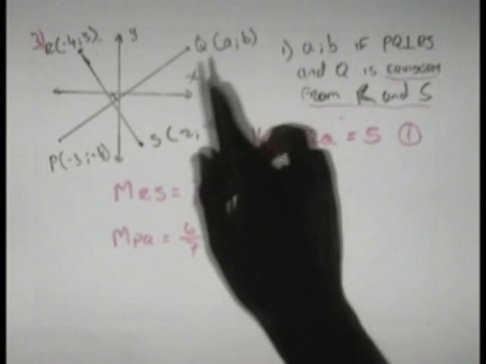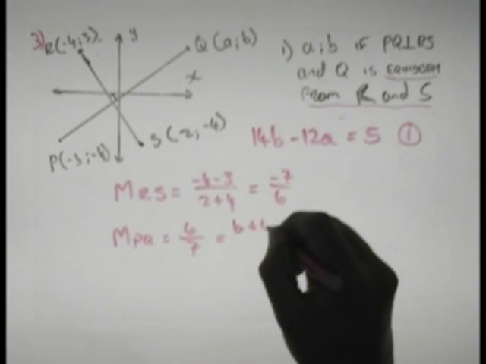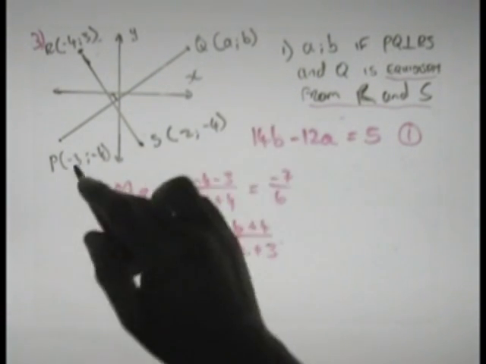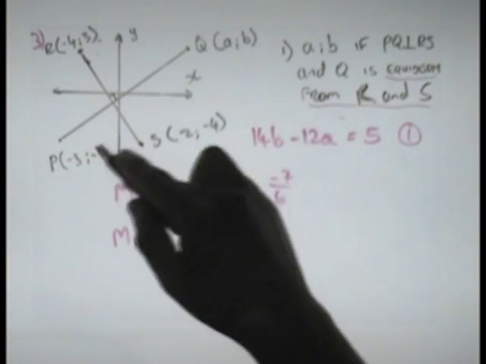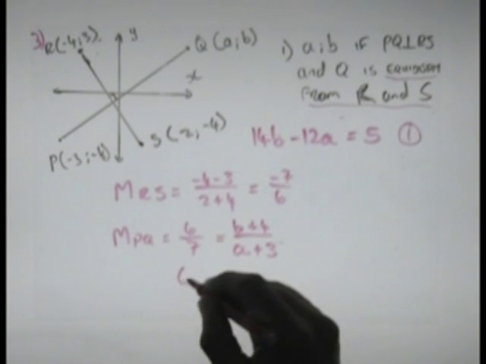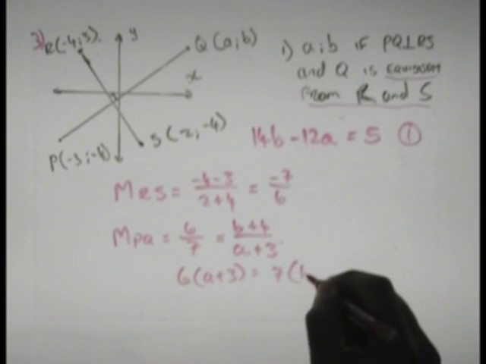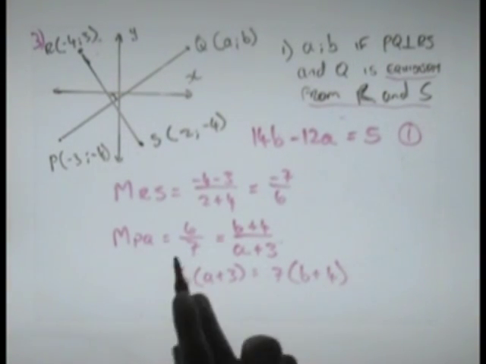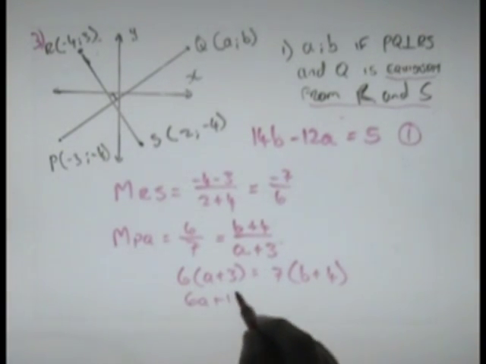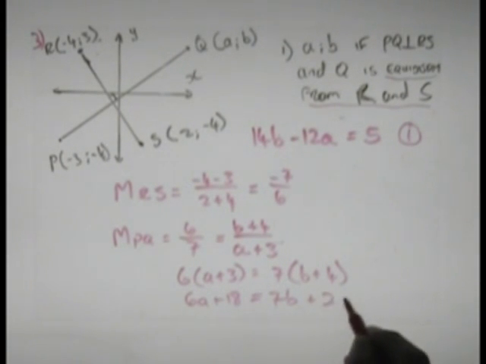But we know that the gradient of PQ is going to be given by y2 minus y1 over x2 minus x1. Minus minus 3 is plus 3, minus minus 4 is plus 4. That means that 6 times a plus 3 is equal to 7 times b plus 4. All I've done is I've cross multiplied. That means that 6a plus 18 is equal to 7b plus 28.